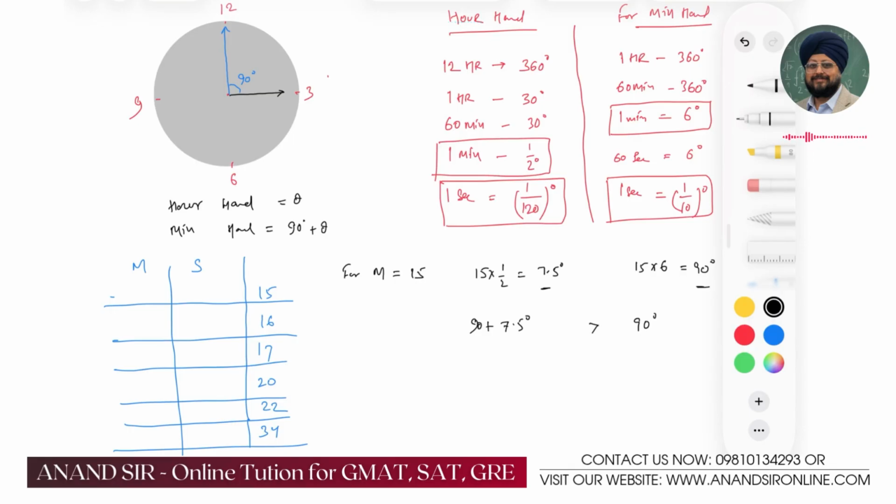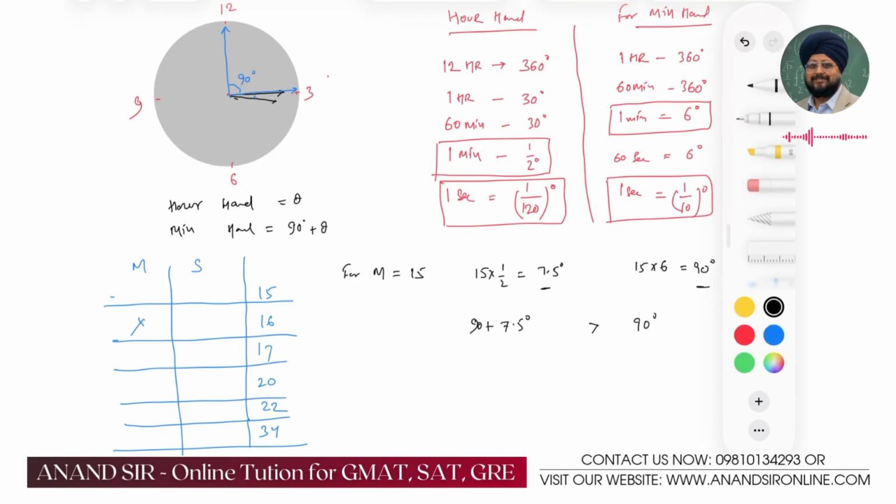Since the hour hand is already 90 degrees ahead of the minute hand, it is at 97.5 and the minute hand is at 90, right? We can see here the hour hand moves like here and the minute hand after say 15 minutes comes here, right? So there is a small gap over here, means m equal to 15 is not serving the purpose.